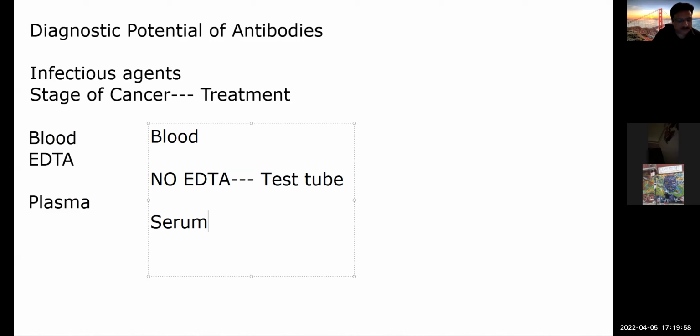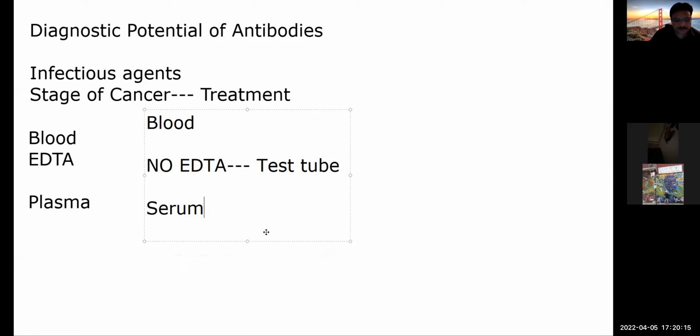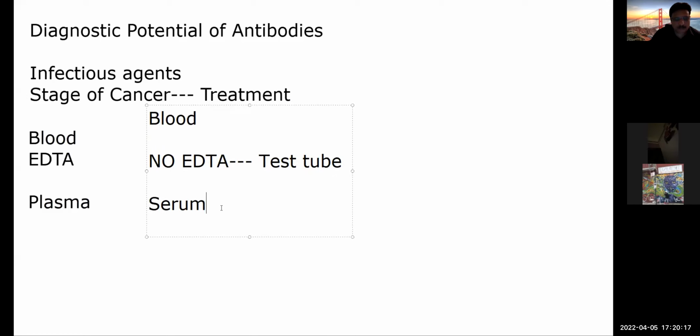Plasma is a pinkish colored fluid that comes out when you have blood in the EDTA. If there is no EDTA, then it's serum. Serum is a protein-rich fluid, very rich in albumin, and this serum also contains antibodies.